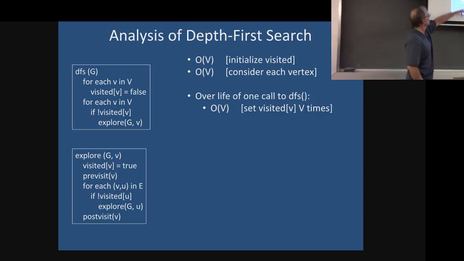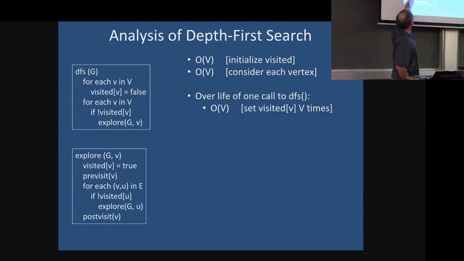Right. Explore ends up being called once per vertex. And so when it's called on v, this will be set. And once we've set it, we'll never call explore on that vertex again, because these conditionals here will stop it. So whether DFS calls explore once, or 3 times, or V times, we don't know.